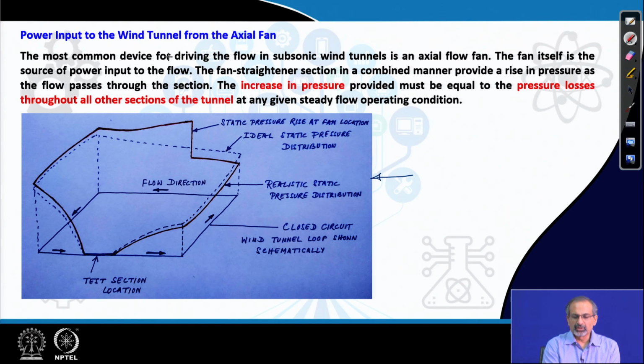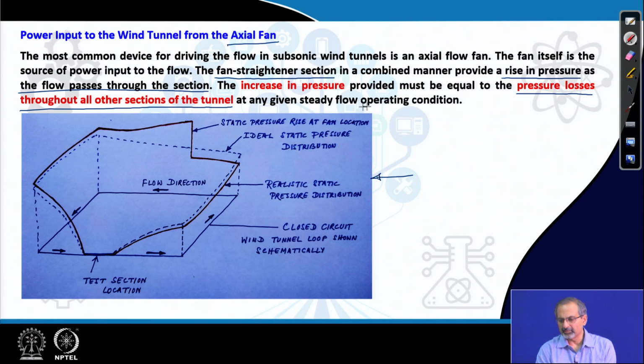The power input to the wind tunnel comes from the axial fan, and the fan is the source of the power. However, the fan as well as the straightener section, in a combined manner, provides the rise in pressure as the flow passes through the section. The increase in pressure provided must be equal to the pressure losses which are incurred all through the other sections of the tunnel.